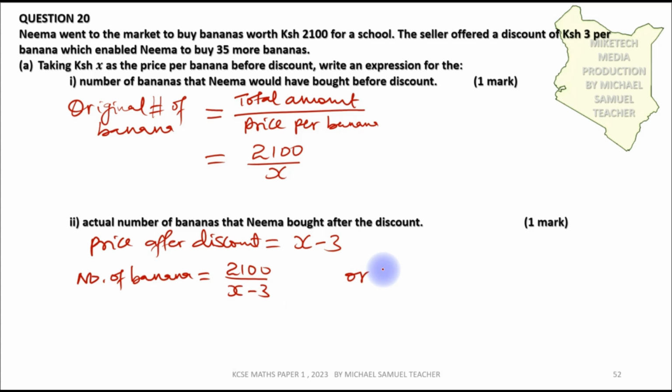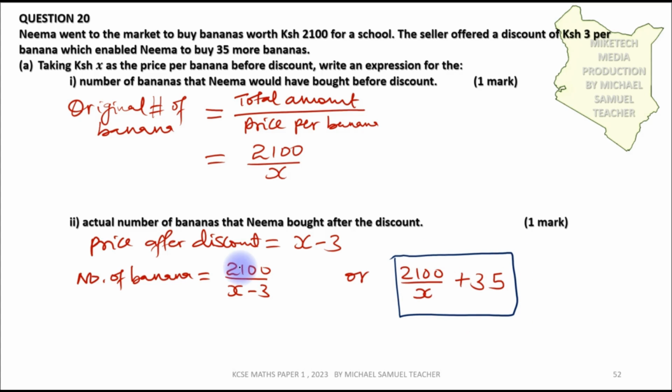Or it can also be the other case. Remember, the original number of bananas was 2100 over X. So the number of bananas after discount, remember, she bought 35 more bananas, will be the original number of bananas, which is 2100 over X plus 35. Either of these will be accepted. So those are the expressions.